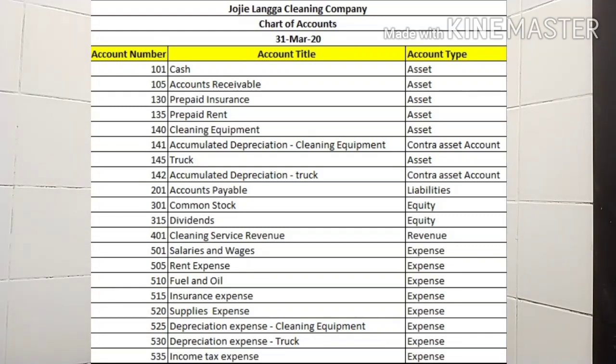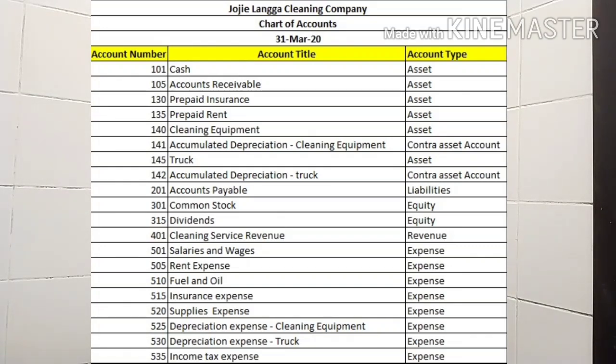As of now, you will not figure out what the uses of these accounts are, but later on you will realize what they are used for. As of now, I just want to give you a brief background of these accounts.